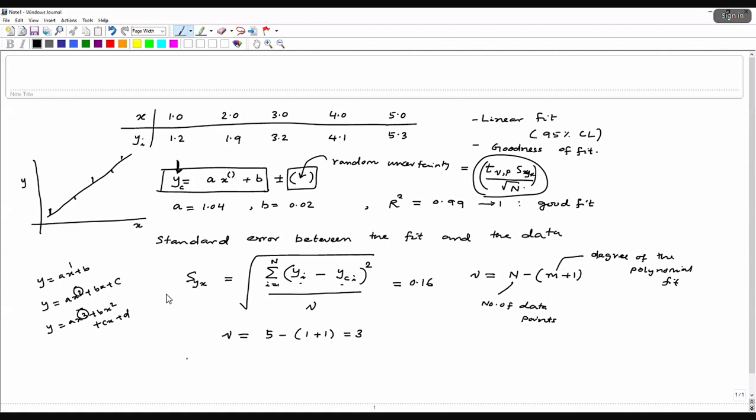So only thing we need to find out here is the t nu p. Here degree of freedom is 3. Probability is 95%. Okay, so 0.95. So if you go to your T distribution table, you can read this as 3.18. Okay, you can check that from the T distribution table.